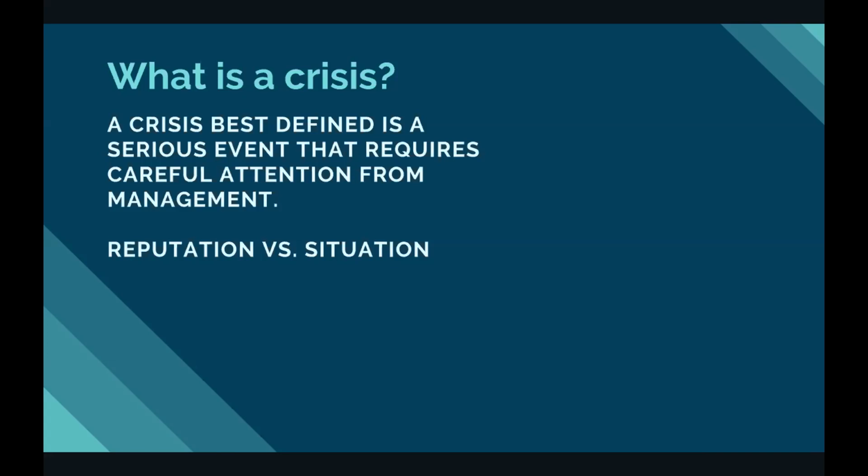However, what we're finding right now with COVID-19 is that we are in a situational crisis on the macro level that really affects everyone, every organization, every person, just on different varying levels.